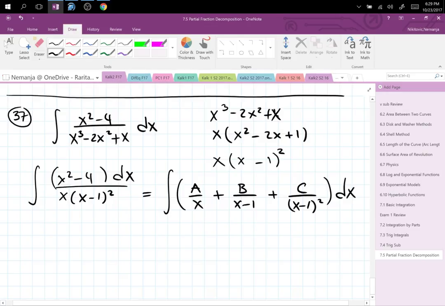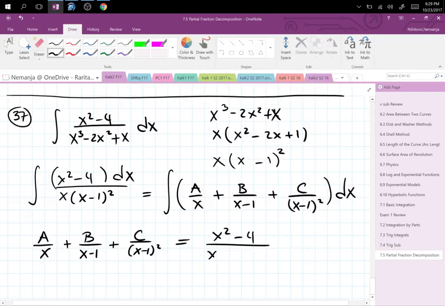And now what do we get? Well, first we do the partial fraction decomposition. So A over x plus B over x minus 1 plus C over (x minus 1) squared needs to be equal to x squared minus 4 divided by the common denominator. And as I said before, we play the game of what's missing.